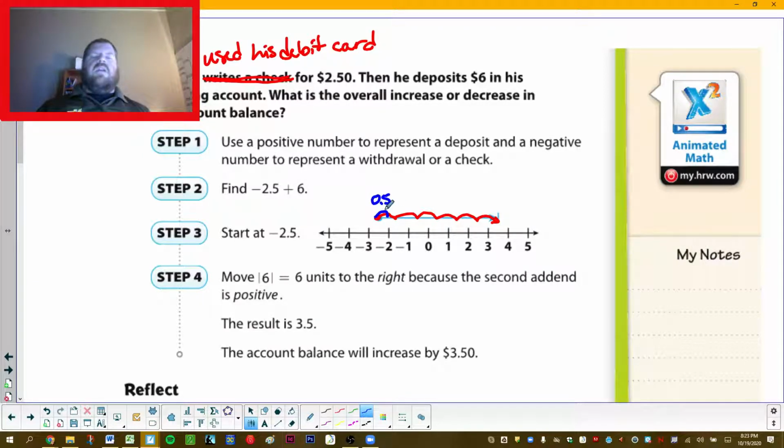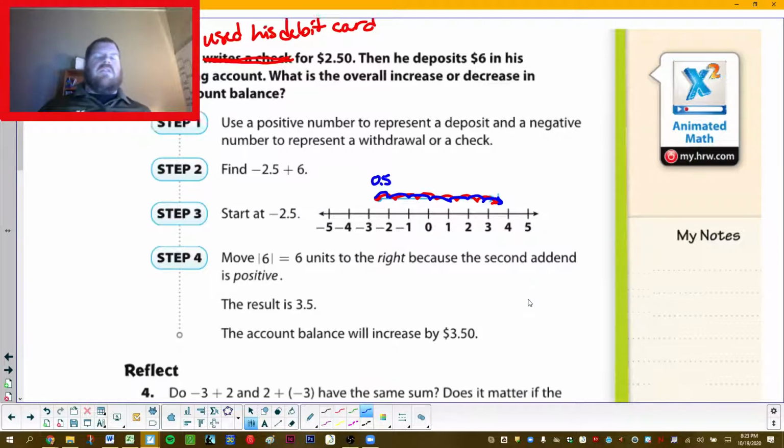I know that I need to move another 0.5 somewhere, but I'm going to go as far as I can until I need to do that. So I'm going to move by ones now: 1, 2, 3, 4, 5. And so now I've moved 5.5 and I have another 0.5 to move, and that other 0.5 takes me to $3.50.